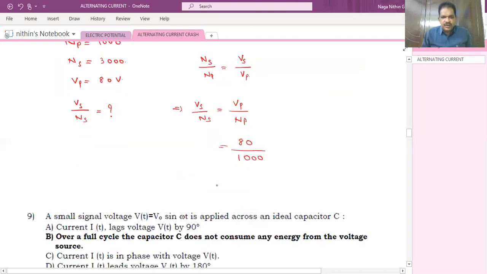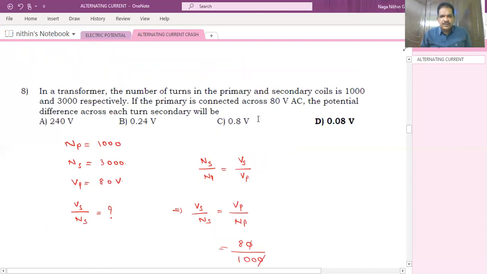So how much are we getting? 0.08. This will cancel. So this value will be 0.08. So the option for this is this one.